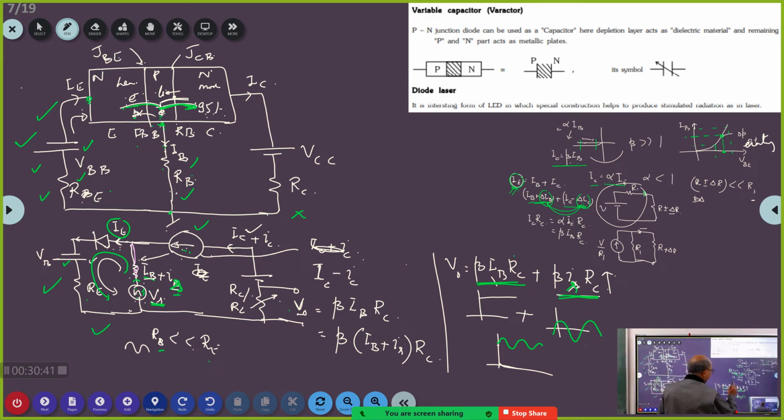And if I increase RC, then this value will also increase, and this signal will also increase. See, IS means what? IS means a varying signal. So if RC increases, the whole signal into RC, the whole signal will increase. The voltage level of the signal will vary. Correct now?